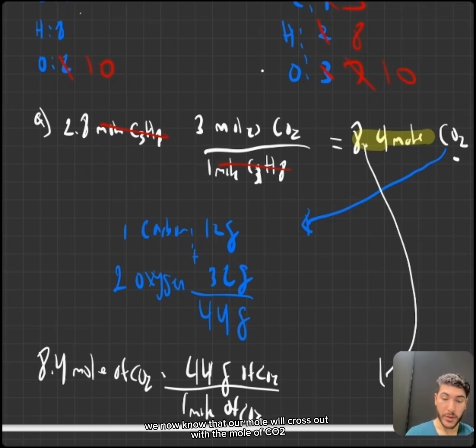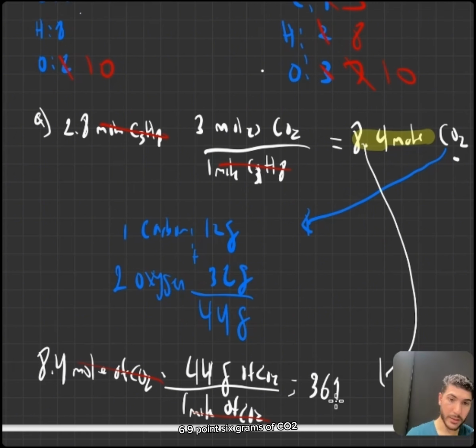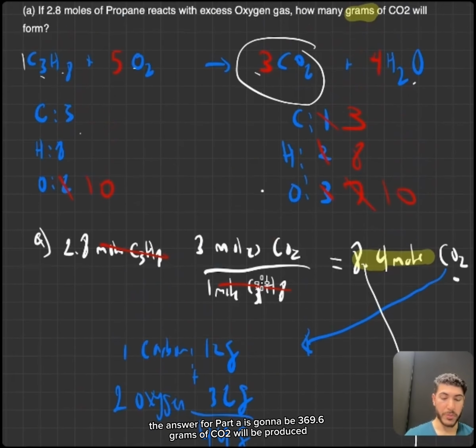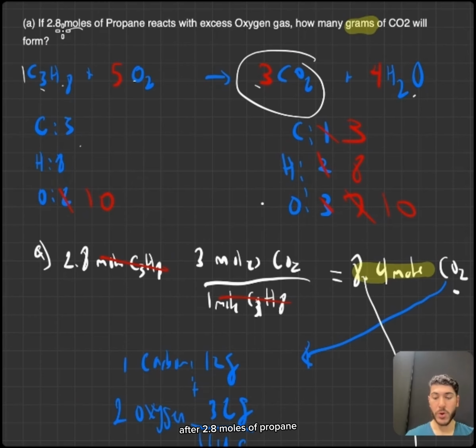The moles will cross out with the moles of CO2. And after you multiply 44 by 8.4, you're going to get 369.6 grams of CO2. So the answer for part A is 369.6 grams of CO2 will be produced from 2.8 moles of propane.